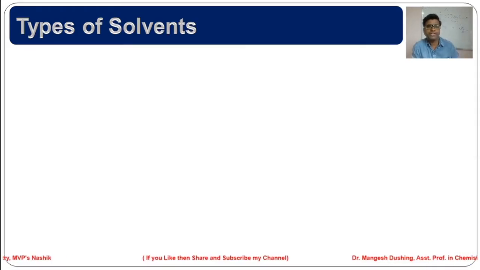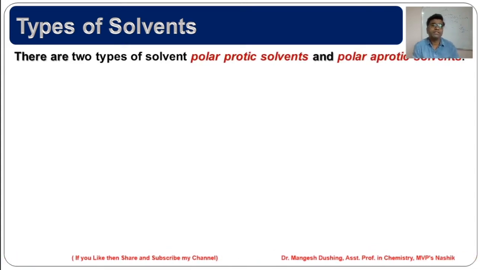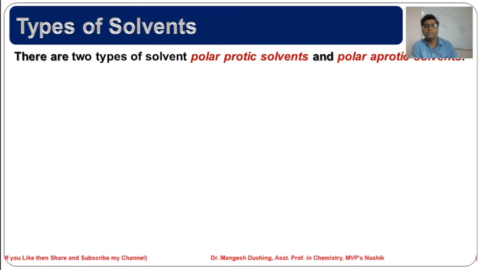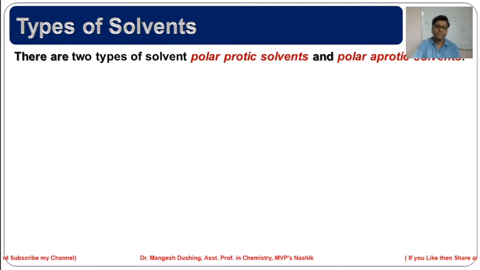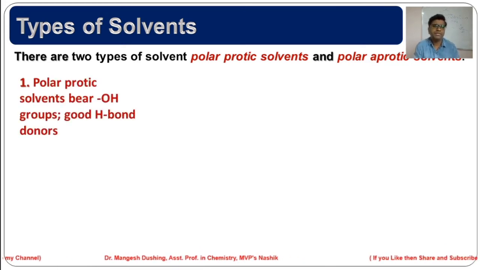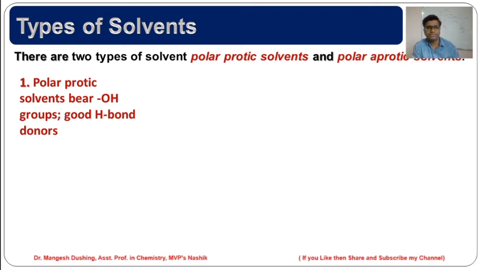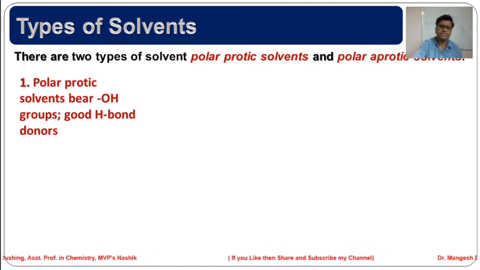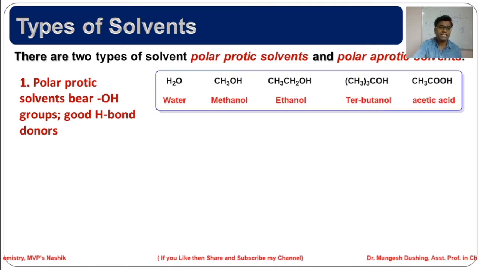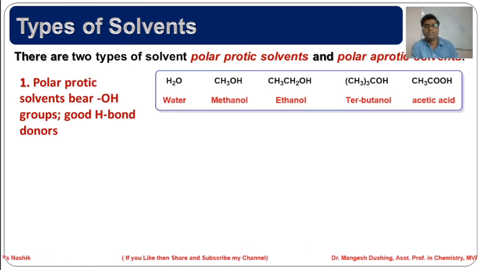Friends, before going into the details, we will see the types of solvents. In nucleophilic substitution, there are mainly two types of solvents: polar protic solvents and polar aprotic solvents. Polar protic solvents are solvents having OH groups, good hydrogen bond donors, mostly alcohols or acids.